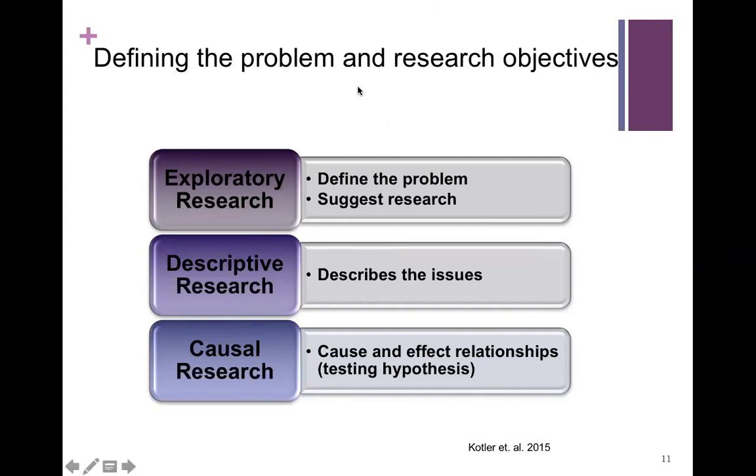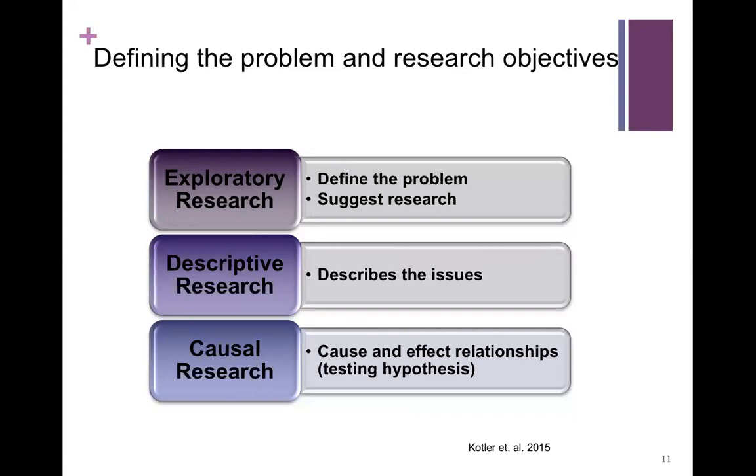Exploratory research is normally conducted by marketers or social researchers to help them understand the problem further. That suggests further research. Here we normally use qualitative research such as observation or other qualitative techniques, like focus group discussion, for instance. Descriptive research is used to describe the issues. We normally use quantitative research like surveys.